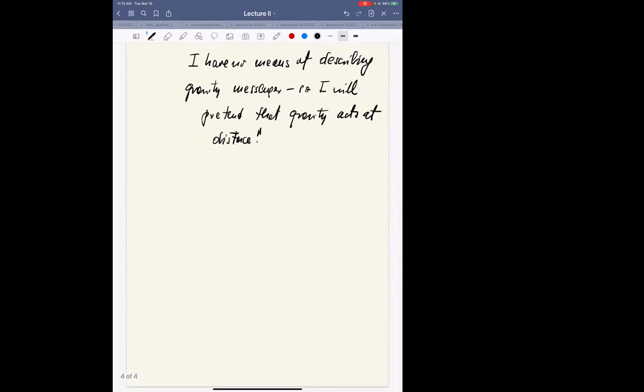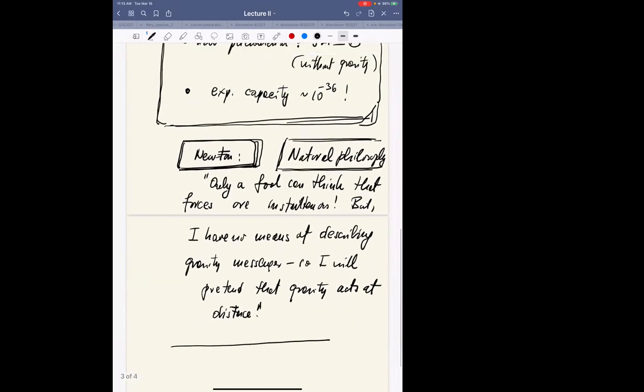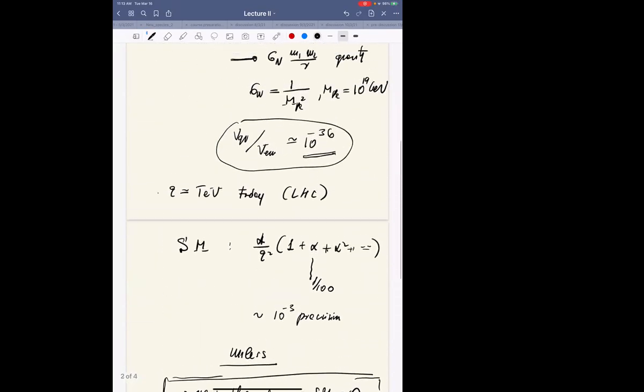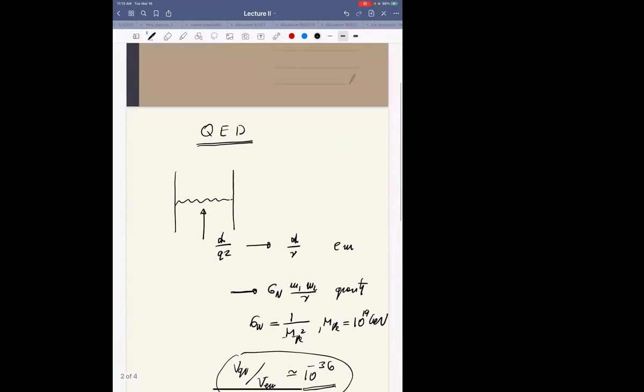Okay, look, we'll come to an even nicer example from our point of view. And this is the following. We got the electromagnetic force that goes as 1 over q squared, an effective interaction.